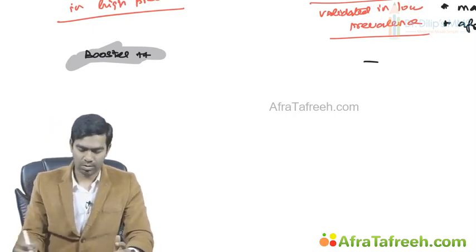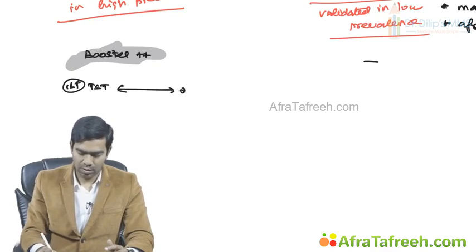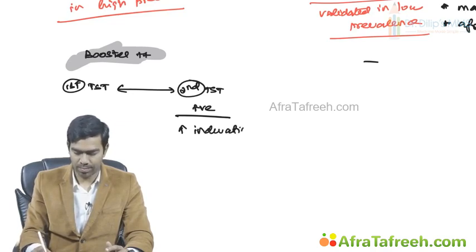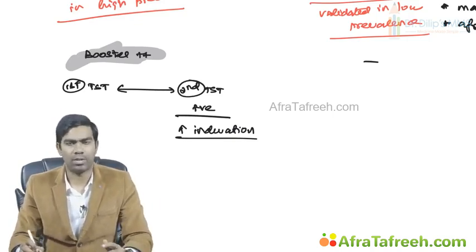Suppose you do the first TST, and if you do a second TST within a short period of time, the second TST might become positive, or it might at least show increased induration compared to the first one. It may not become positive, but at least it will show increased induration compared to the first test.